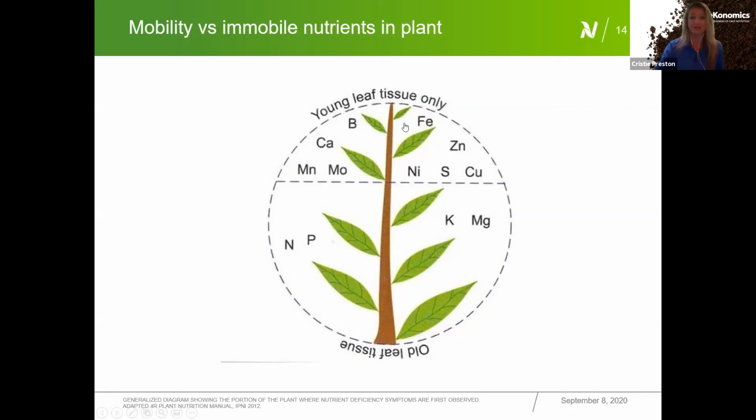They have to be taken up and sent to those younger portions so that they can continue to grow. And any of these nutrients that directly affect chlorophyll are going to affect photosynthesis, and the plant is not going to maximize its production as well. Specifically with sulfur, it's immobile within the plant, so you're going to see deficiency symptoms in the younger portion of the plant.